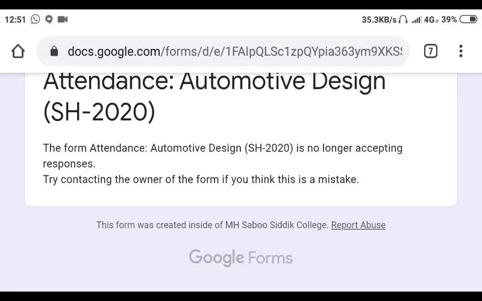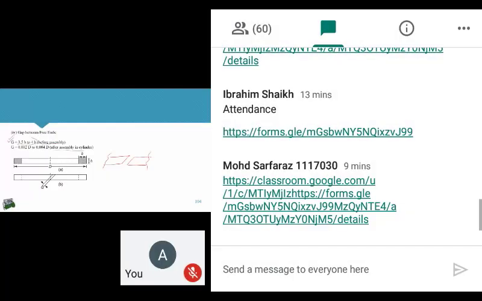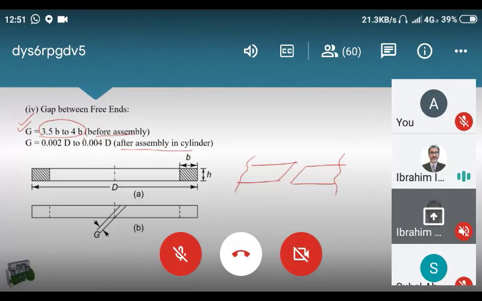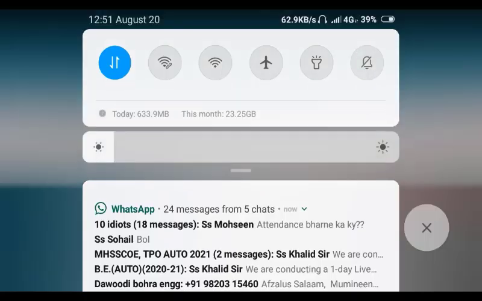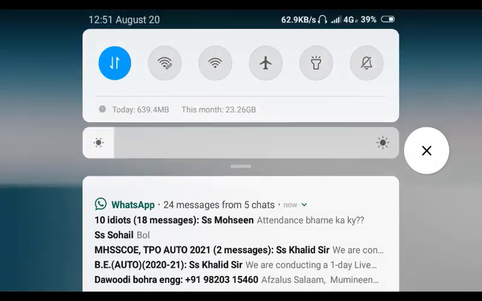The gap before assembly should be somewhere around 3.5 to 4B, where B is the radial thickness, and after assembly it should be 0.002 to 0.004D.